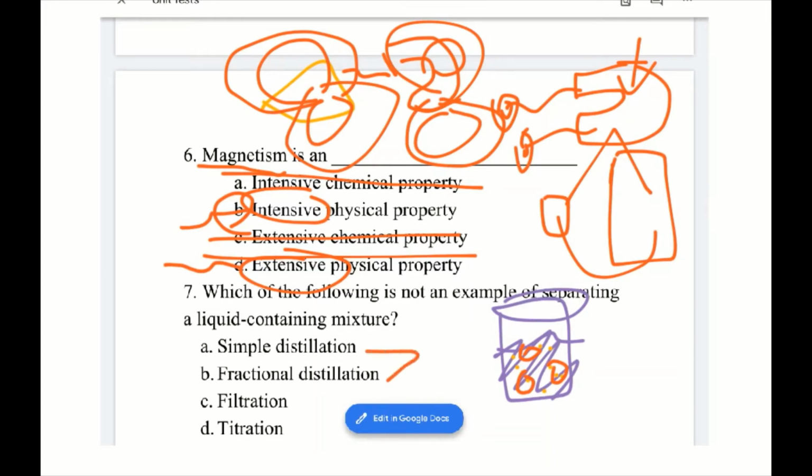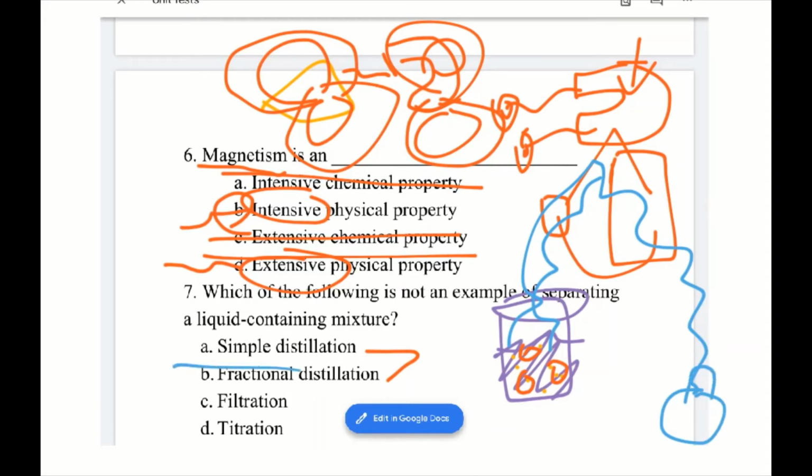Well, we know that both types of distillation separate the solute from the solvent by evaporating the solvent mixture into the air and through a tube and to the receiving flask. So A and B are out. What about filtration? Well, we use filtrations when we have a suspension containing a liquid and some large particles.